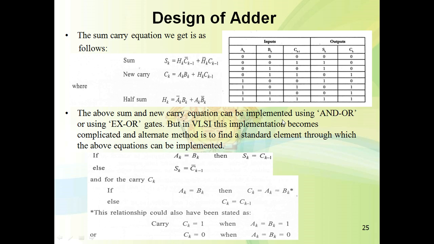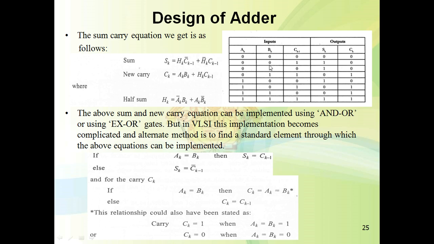Let us observe this table once again. If we observe this table once again, we can write one equation. That is, if ak is equal to bk, then sk is equal to ck minus 1. See here, ak is equal to bk, sum is equal to ck minus 1.